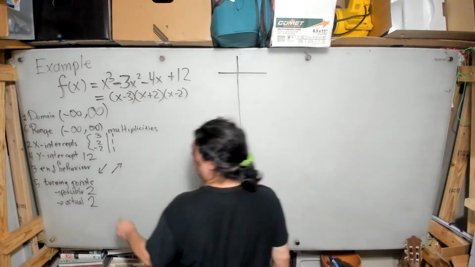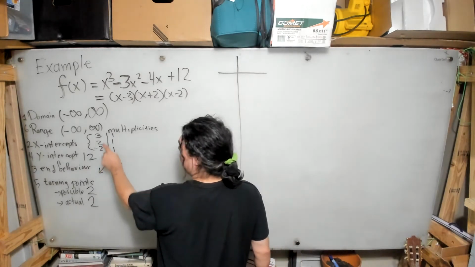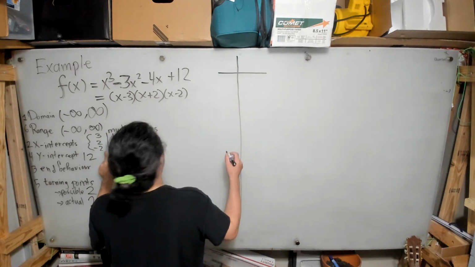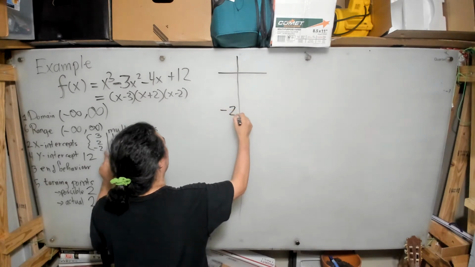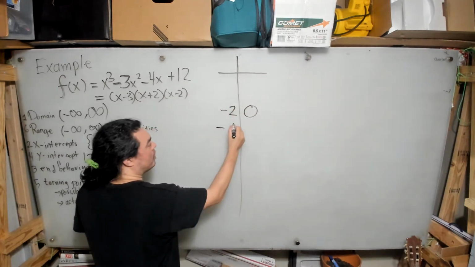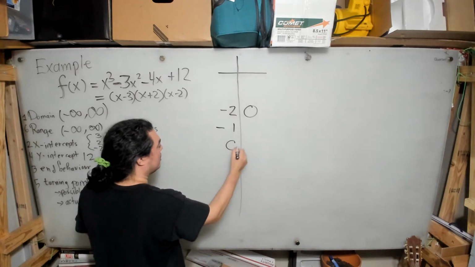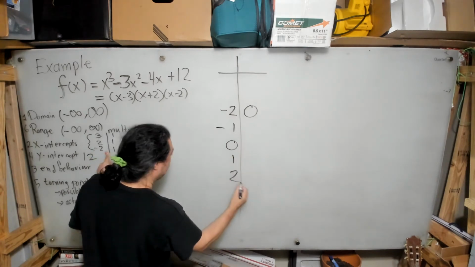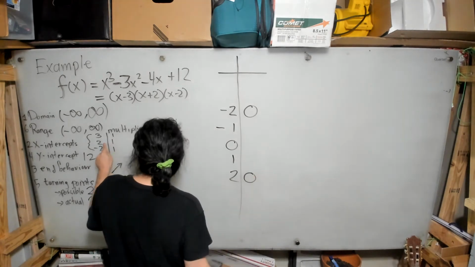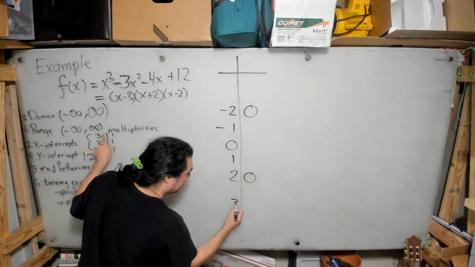Okay, so we mentioned that we're going to be plotting x's near this region. If I put -2 here, I know that's 0 because it's one of my x-intercepts. So I want to plug in -1. I want to plug in 0, 1, 2. Now 2 is another x-intercept, so the y for 2 is 0. And I also know that at 3, it's 0.